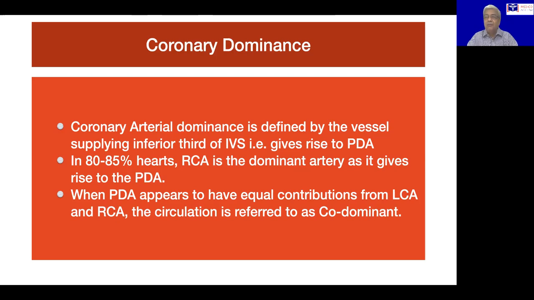The artery which mainly forms the posterior descending artery is considered the dominant artery in the coronary system. In 80 to 85% of hearts, the RCA is the dominant artery as it gives rise to the posterior descending artery. At times, the posterior descending artery is formed by equal contributions from the left coronary artery and the right coronary artery. Such a circulation is called co-dominant circulation.